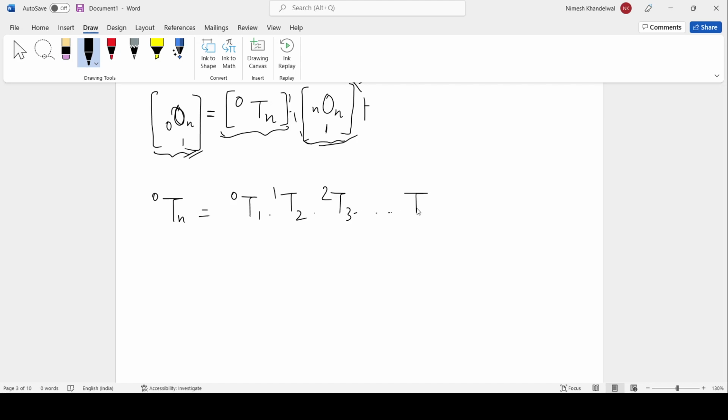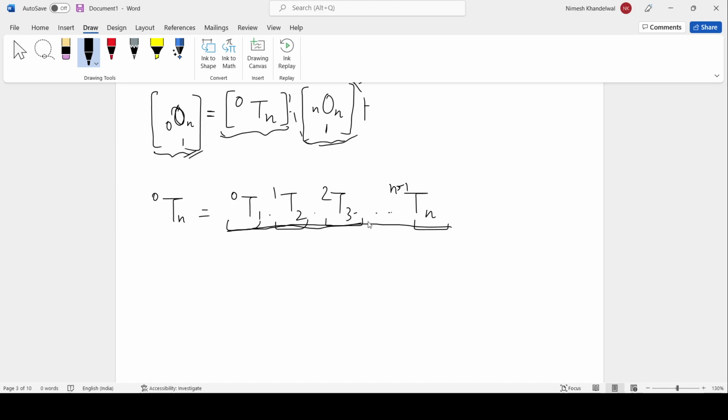And then this goes on till n minus 1 and n, right? So once you have the DH table, you can write these individual T matrices. Using these T matrices, you multiply all of them.